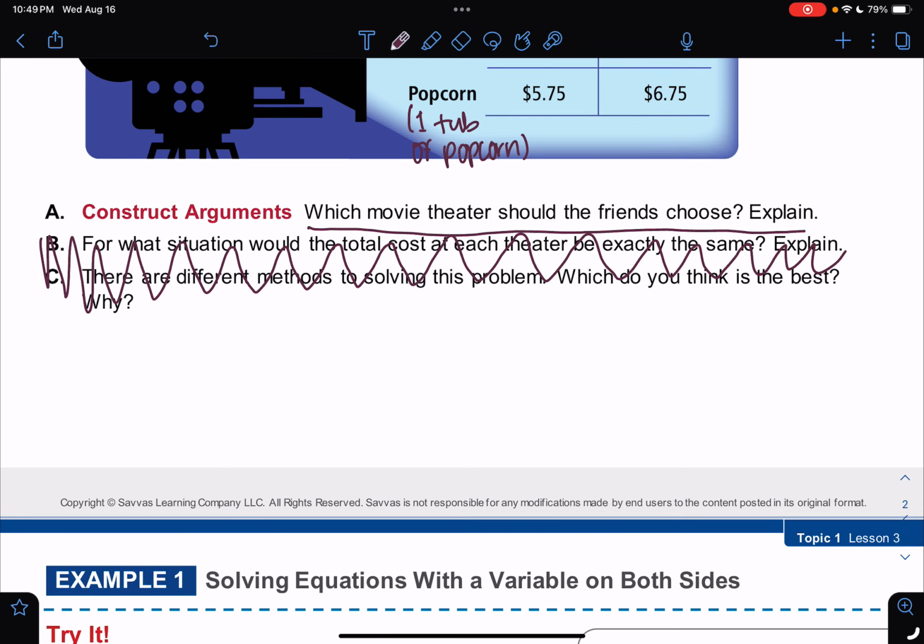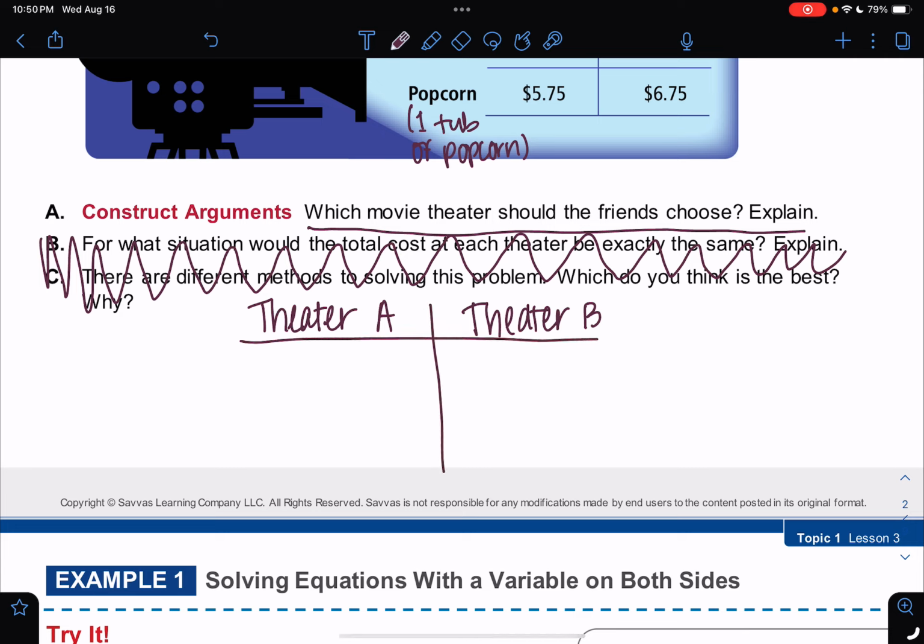So I have theater A versus theater B. What's going into my comparison, how I'm going to accurately compare them, is the total cost. I need to know the total cost at both so I can choose which one these friends are going to go to.